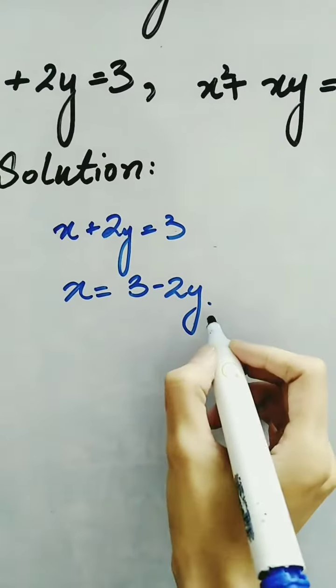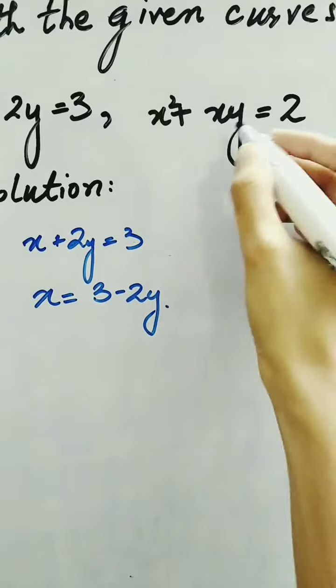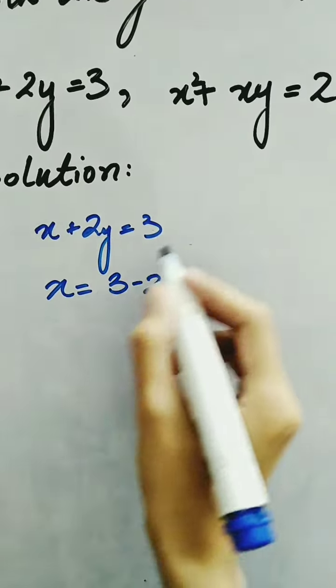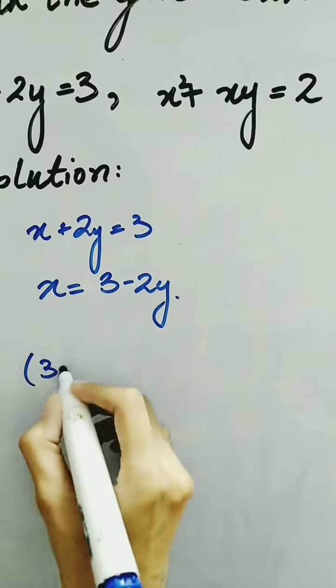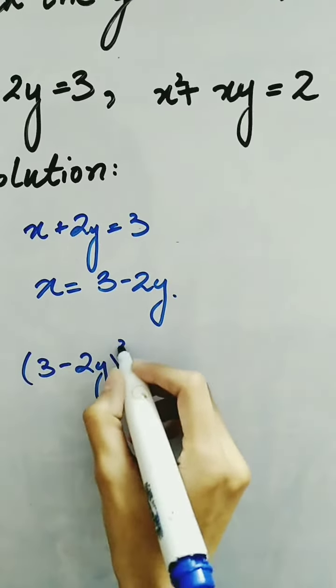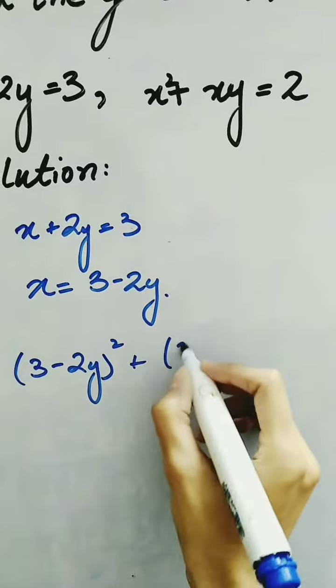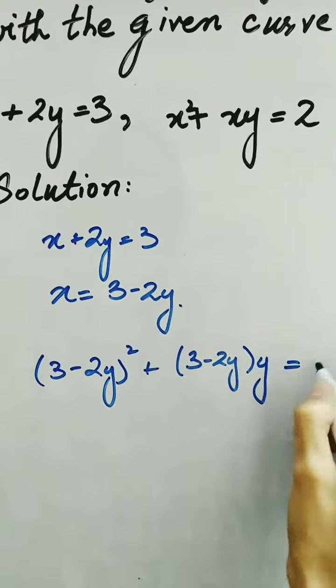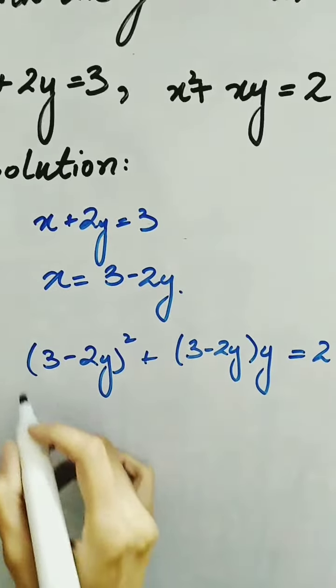Now, we will put this value of x in another equation, which is x square plus xy is equals to 2. By putting this value, we will have 3 minus 2y whole square plus 3 minus 2y into y is equals to 2.